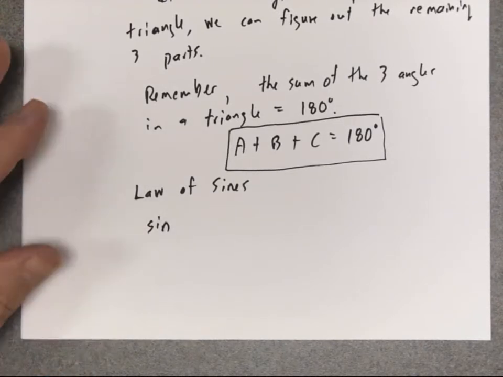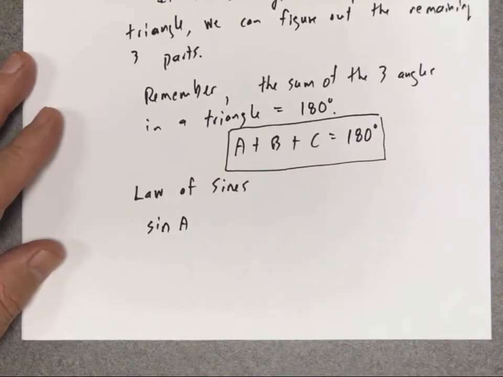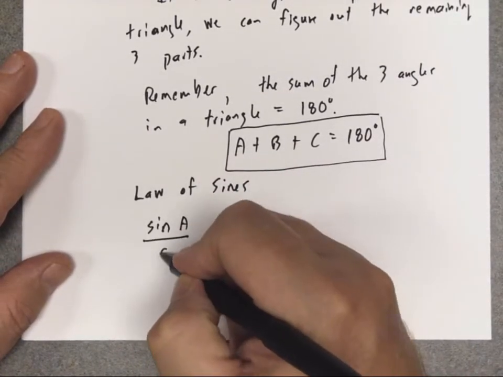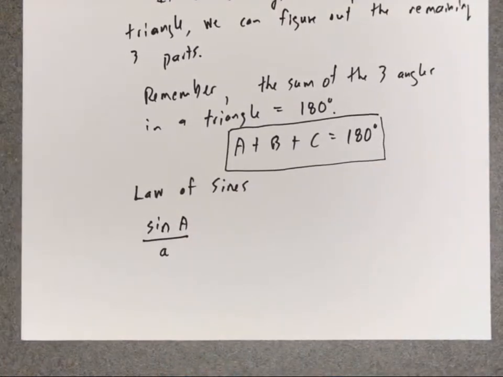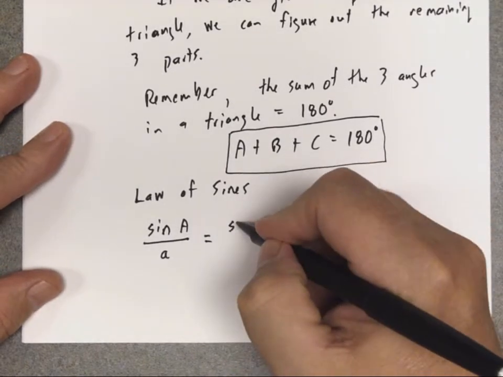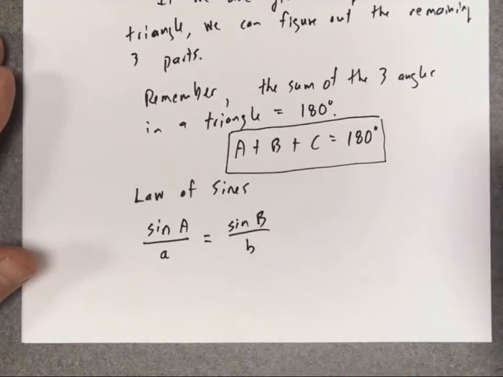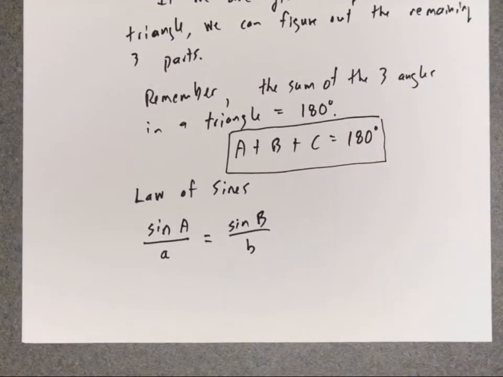We're going to use our calculator. The sine of angle A divided by the length of side a. So you take the sine of an angle and divide it by the length of the side opposite that angle. Turns out that equals the sine of angle B divided by the length of side b.